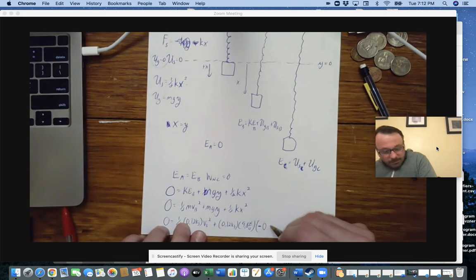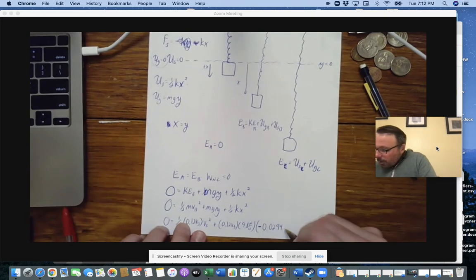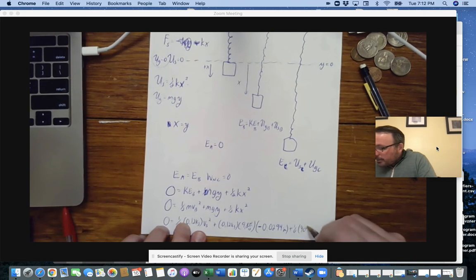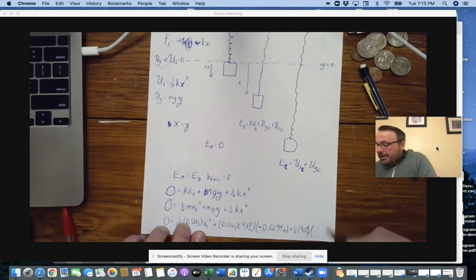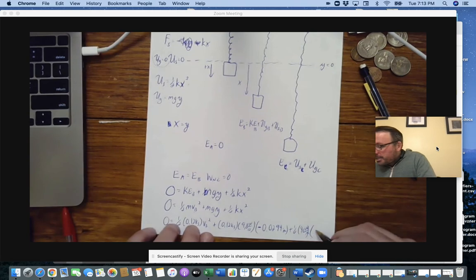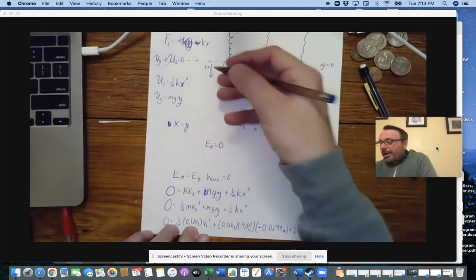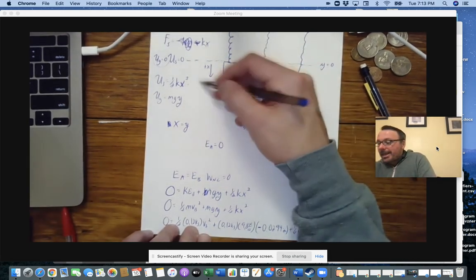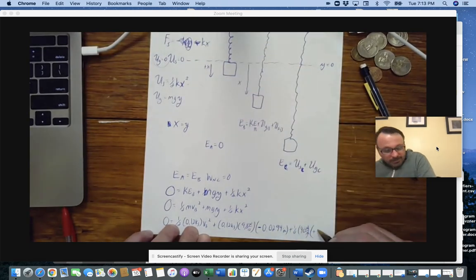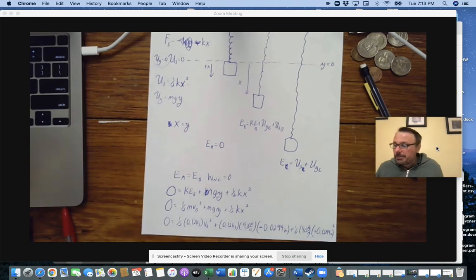So 0.0294 meters plus 1/2 40 newtons per meter times, and here's the thing, it doesn't matter whether this is positive or negative. Here, the way I declared the x here, I could put in a positive if I wanted to. It just literally doesn't matter, okay? So just a note on that, because I know that's going to confuse some people.